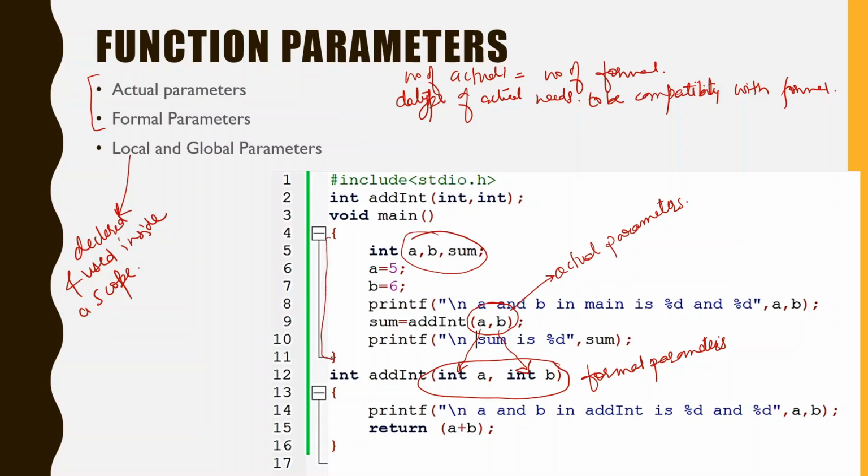They are known to this main function only. So they are the local parameters to main. Now these A and B are local parameters to addInt.